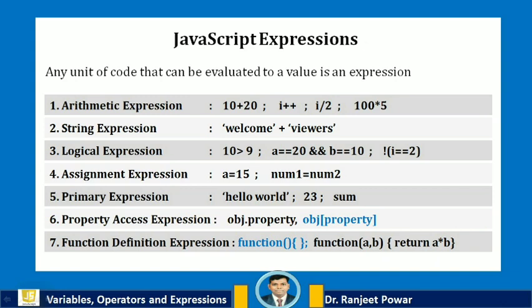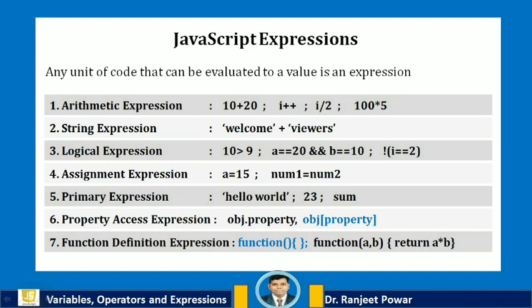Then, what is an expression in JavaScript? Any unit of code that can be evaluated to a value is an expression. First, arithmetic expressions evaluate to numeric values. String expressions are expressions that evaluate to a string. Expressions that evaluate to the Boolean value true or false are considered to be logical expressions.